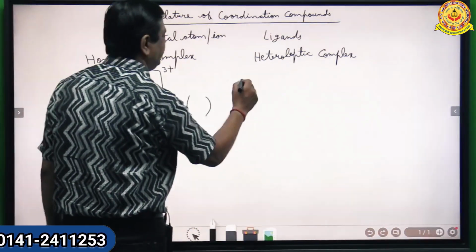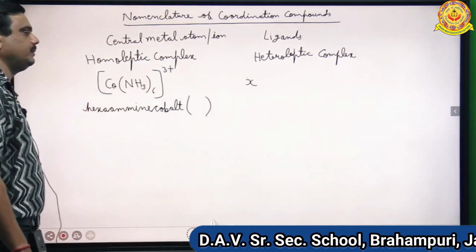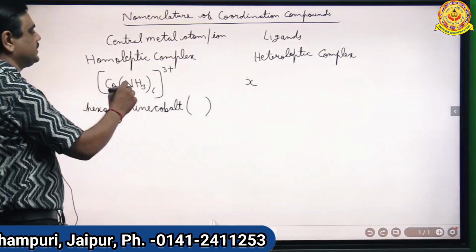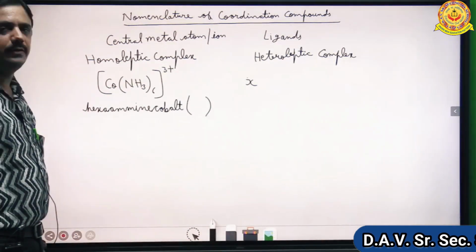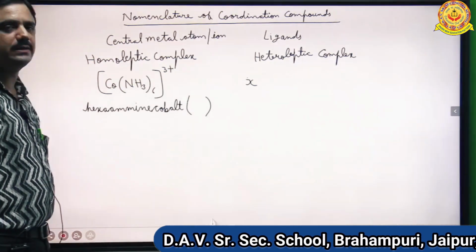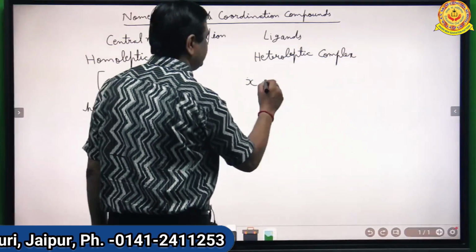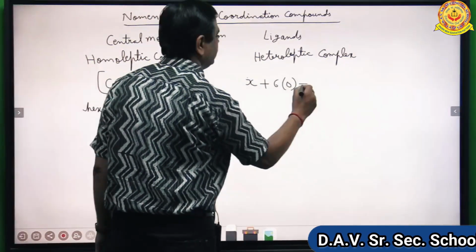So let the oxidation number of cobalt be X. Now the charge of the ligand. Here amine is a neutral ligand, means it does not contain any charge. So its overall charge is 0. So 6 into 0.